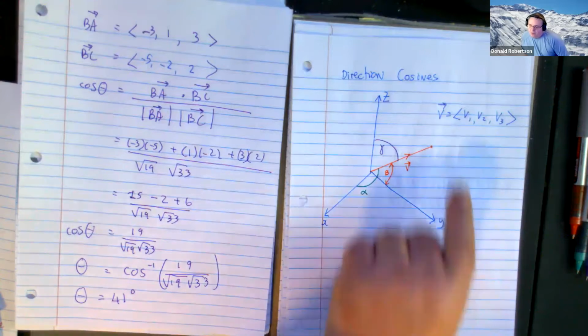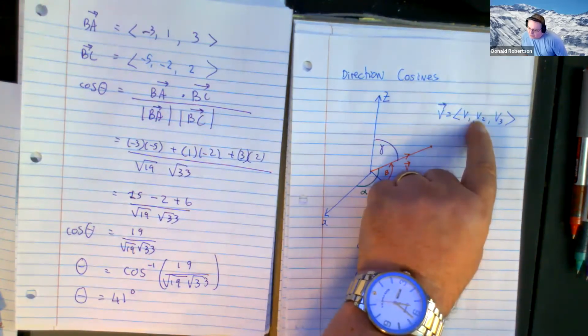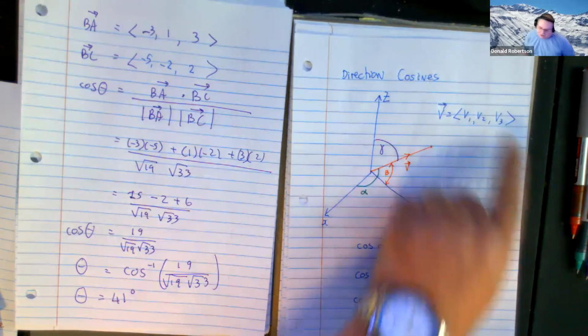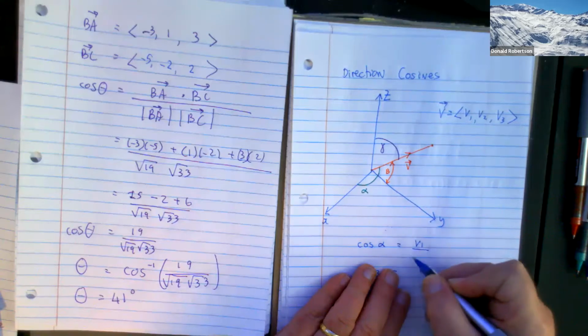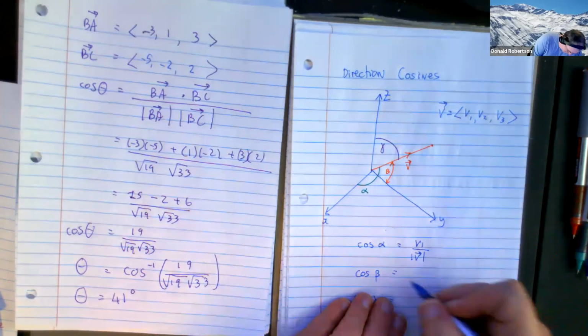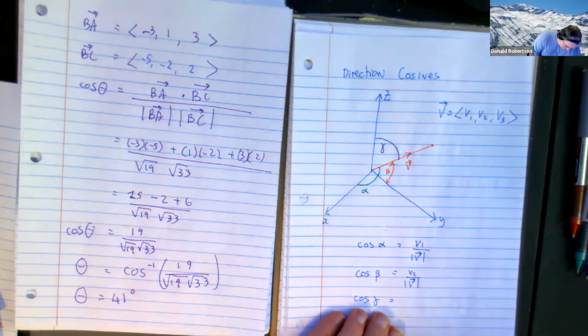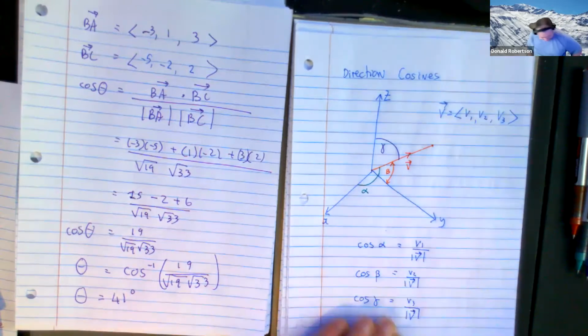So v1 is essentially the x component of the vector, v2 is its y component, and v3 is its z component. The cosine of alpha is v1 divided by the magnitude of v. The cosine of beta is v2 divided by the magnitude of v. And the cosine of gamma is v3 divided by the magnitude of v.